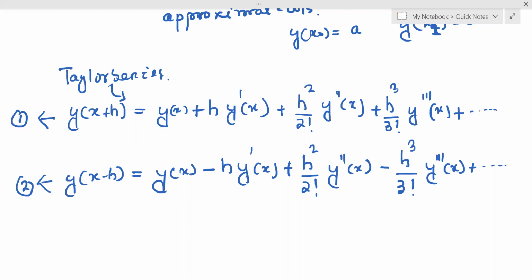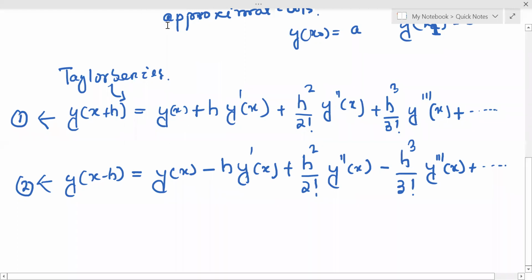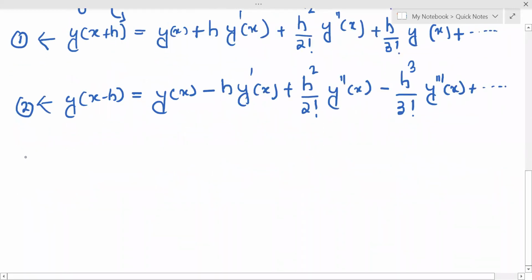See this equation? Just choose equation 1, from equation 1.